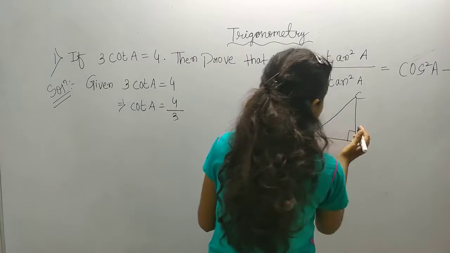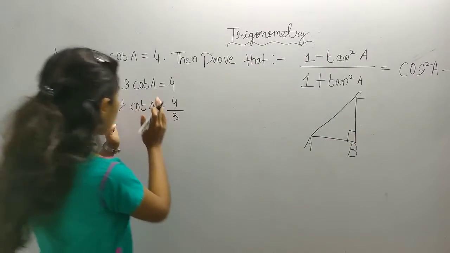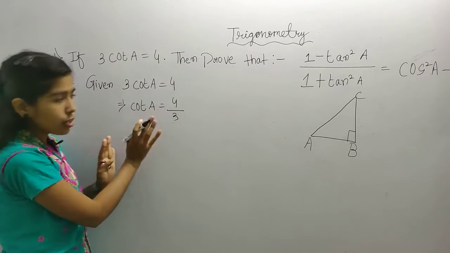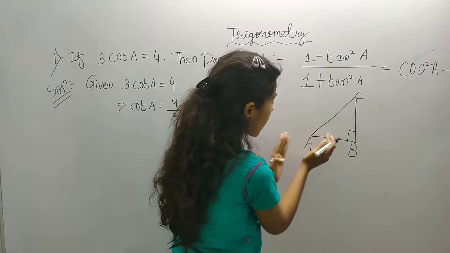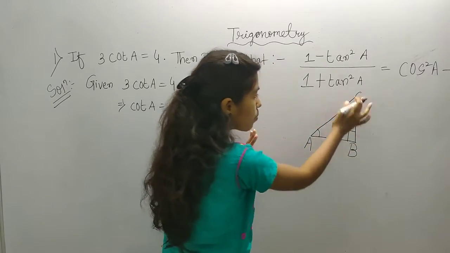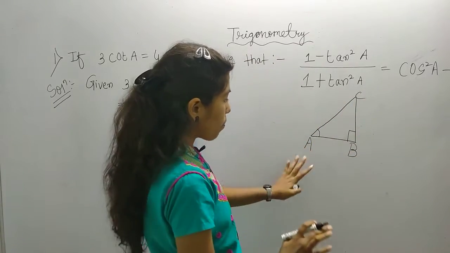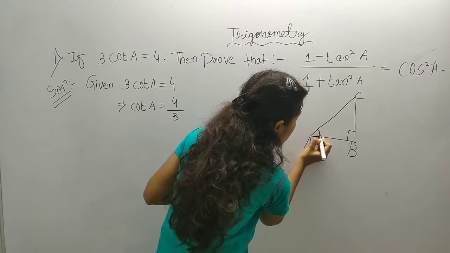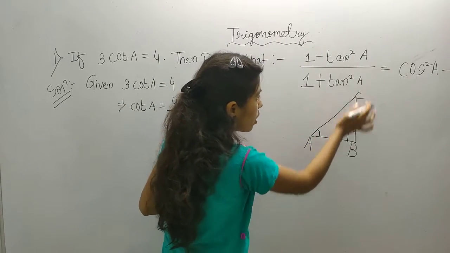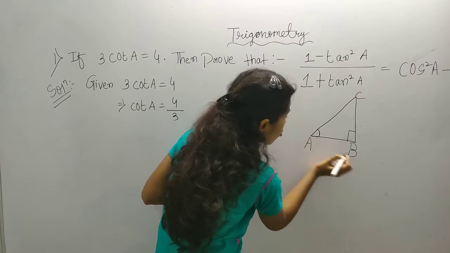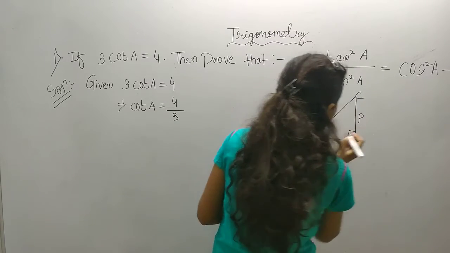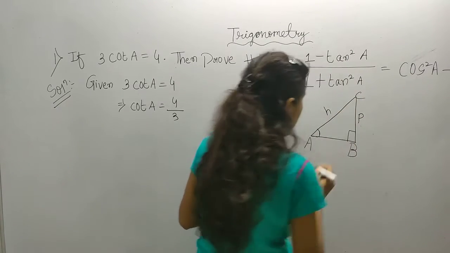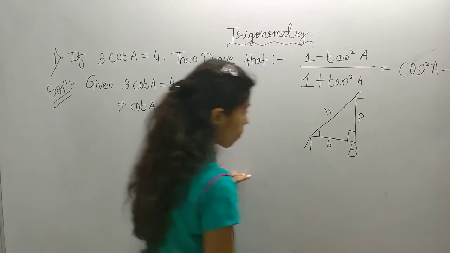Here, what is the angle? A. So opposite side to angle A is BC. I have said you in previous class that opposite side to the given angle will be the perpendicular. So BC will be the perpendicular. This is no doubt hypotenuse and this is the base.